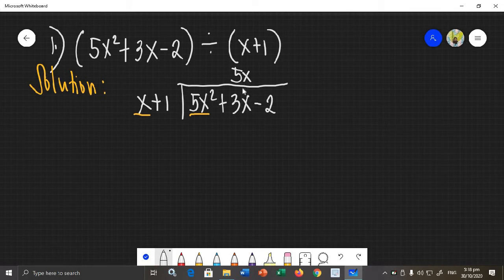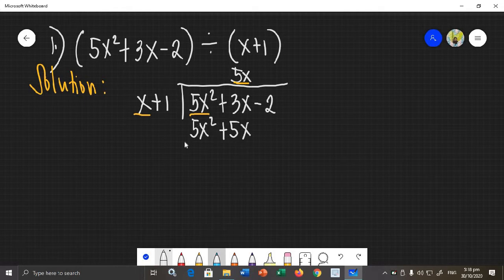After we get the quotient, we will multiply this quotient to both terms in the divisor. So 5x times x is 5x squared, and 5x times 1 is positive 5x.